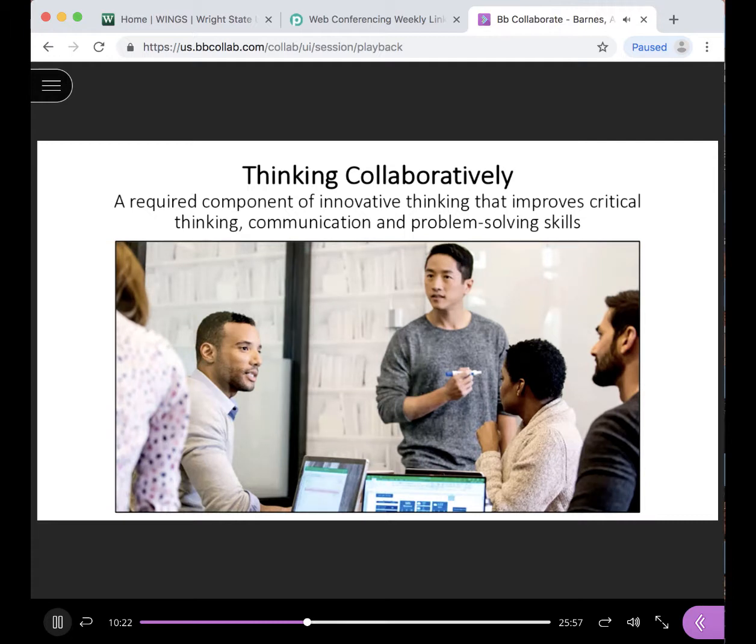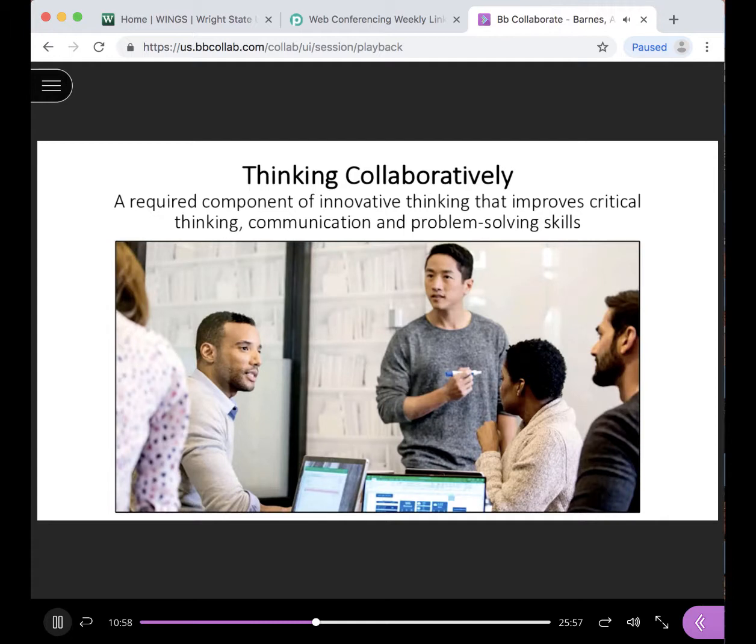So thinking collaboratively, just in general, again, really encourages and enhances that higher order thinking and learning beyond just basic information getting or memorizing. It encourages critical thinking, which is when you take those deeper dives and make connections to prior knowledge or your own previous experiences, and then use that information to maybe predict future behavior.